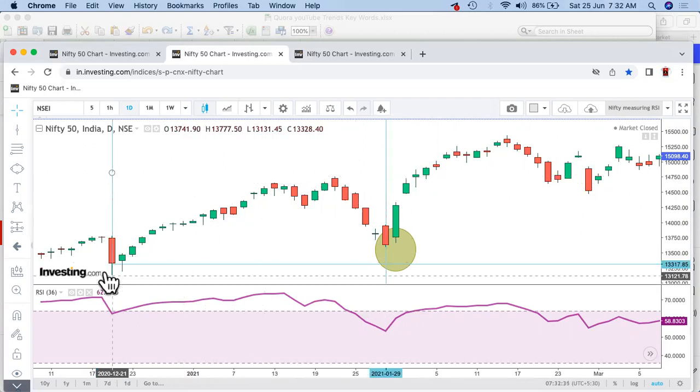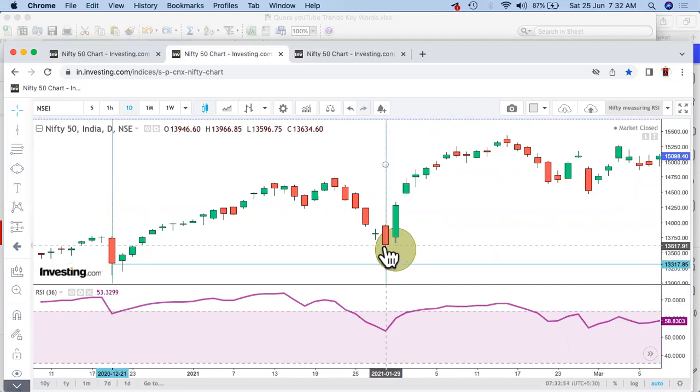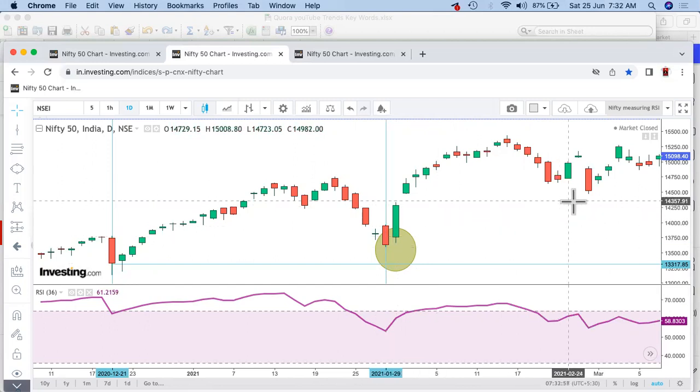Now, if I see in terms of price, yes, the closing of this point has been on a higher level than this. So, of course, price has been going up. This is what we understand. And the closing also has been on a higher level. So, this is low, this is higher low. So, we consider that, okay, this is a bullish trend.